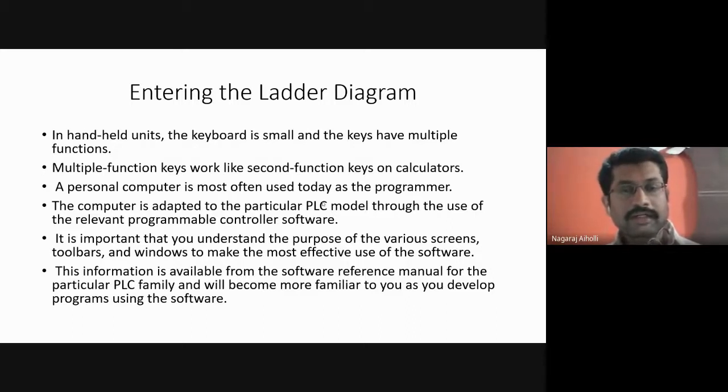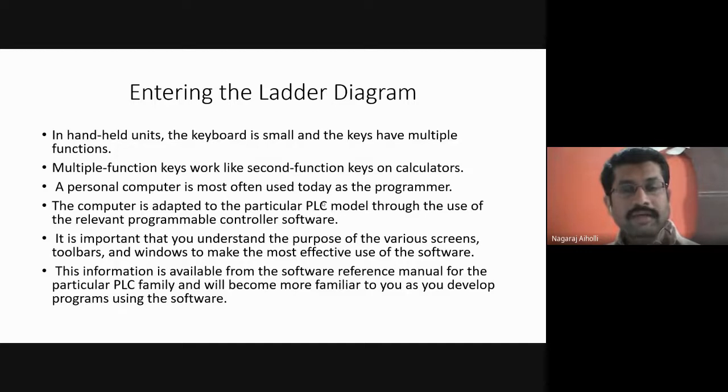It is important that we understand the purpose of the various screens, toolbars, and windows. There are various screens, toolbars, windows, tabs, and keys with graphical icons available. You have to understand the importance of each of these, which we are going to look at next.